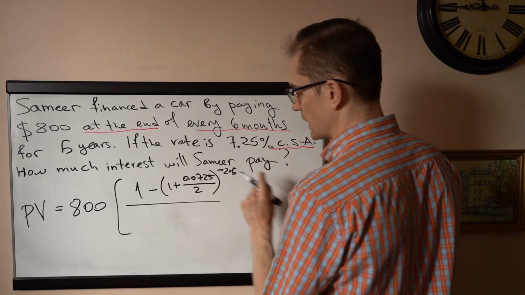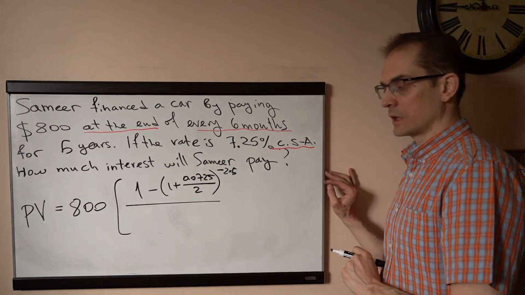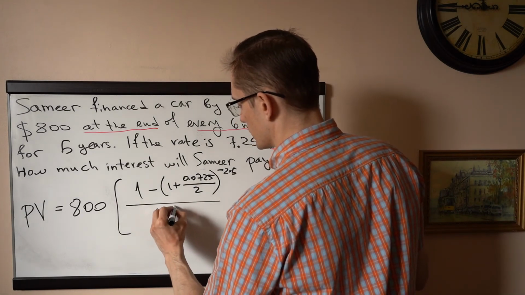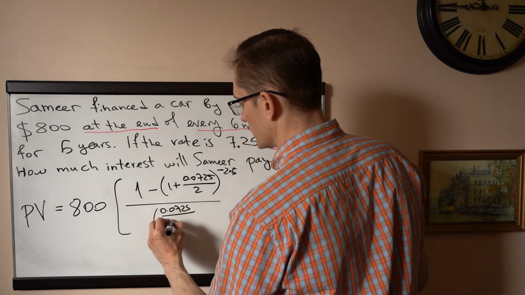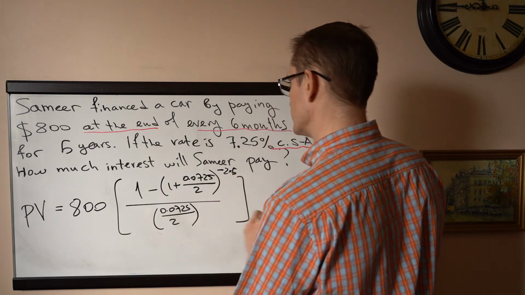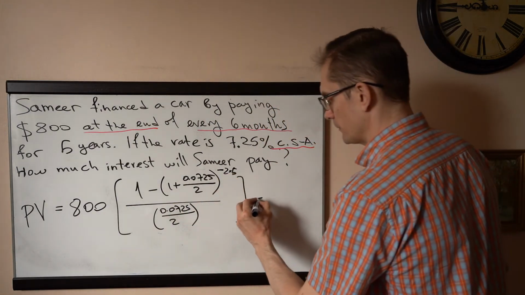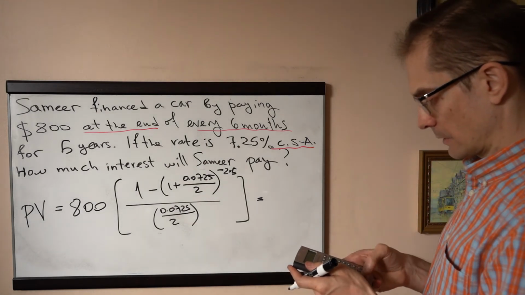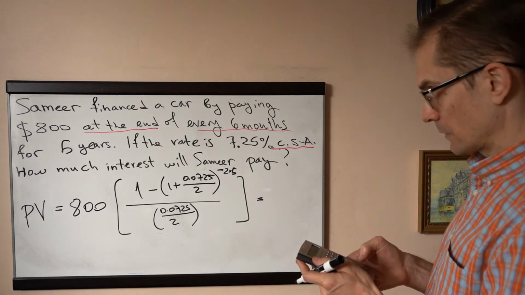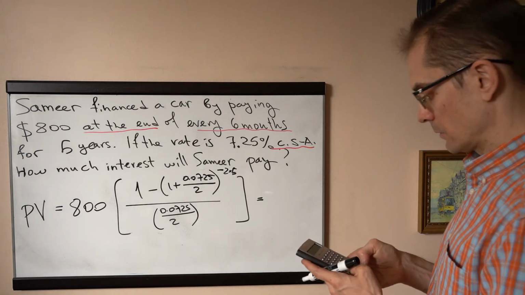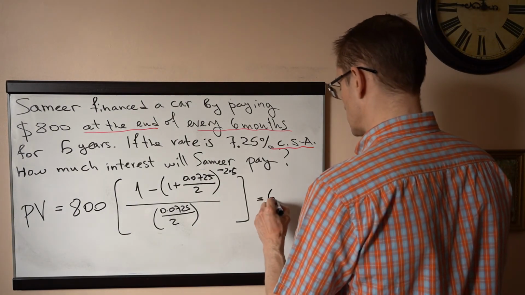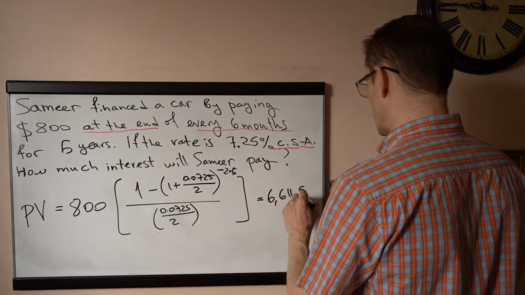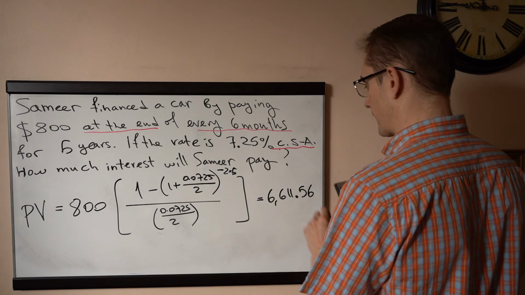So in total we have 10 payments in this annuity. And we also divide that by 0.0725 divided by 2. So let's now calculate this. $6,611.56.